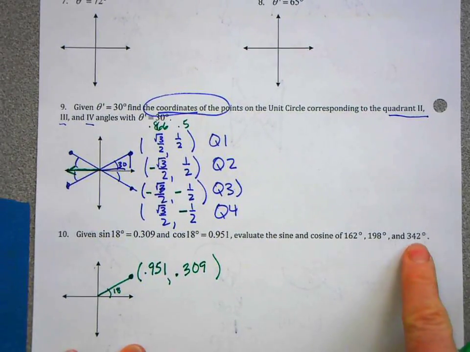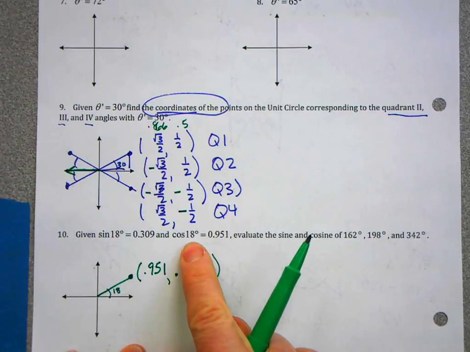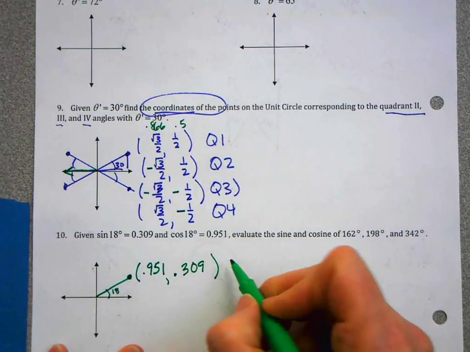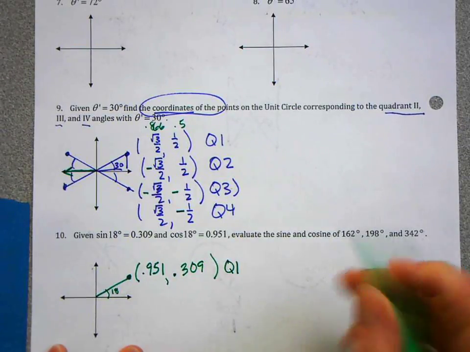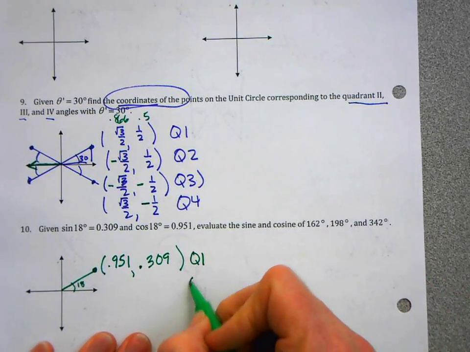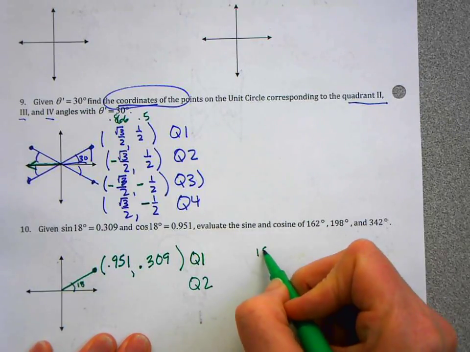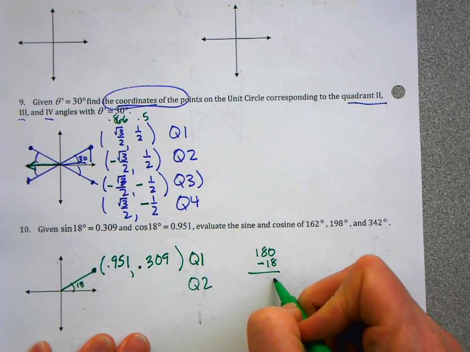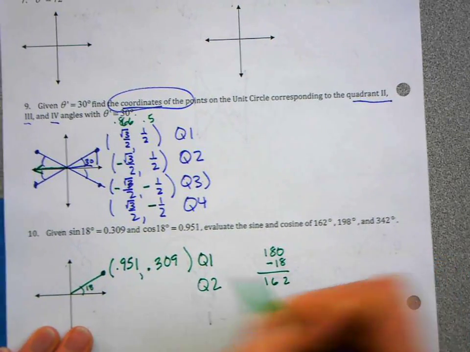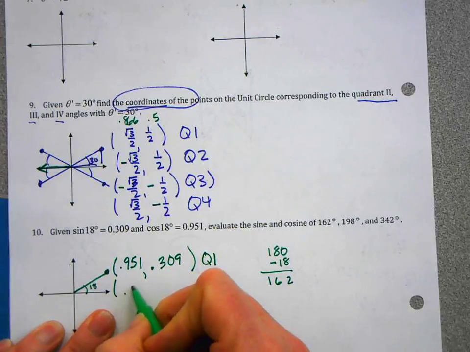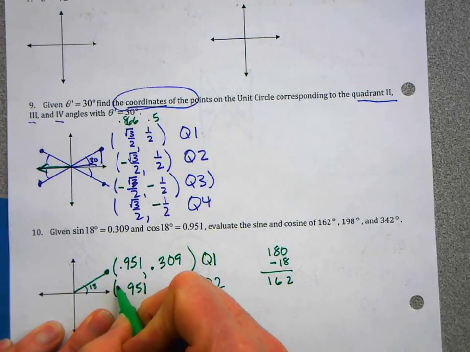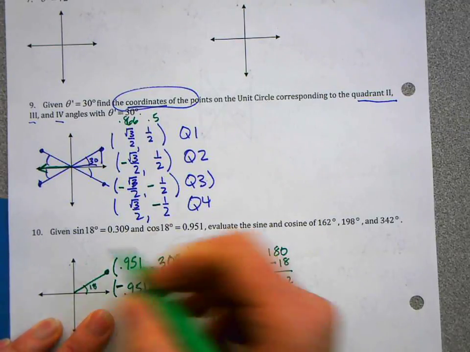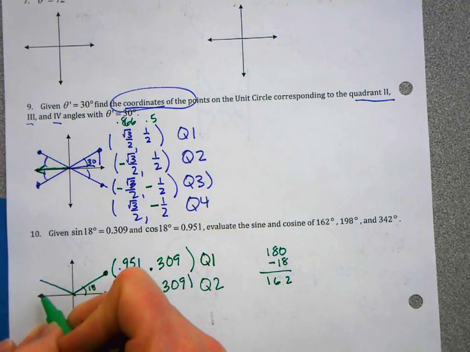Well, if these are all reference angles for 18 degrees, and we'll check it, then these values will be the same and the signs will be different. So this is quadrant 1. Let's just double check. If I want quadrant 2, I say, what is 180 minus theta prime, which is 18? And I get 162. Quadrant 2. So my values are the same, 0.951, but that's negative because of the cosine, and 0.309. An angle in the second quadrant is negative, positive.